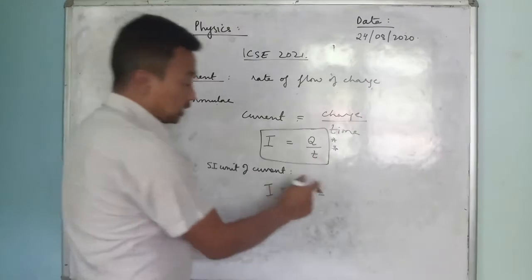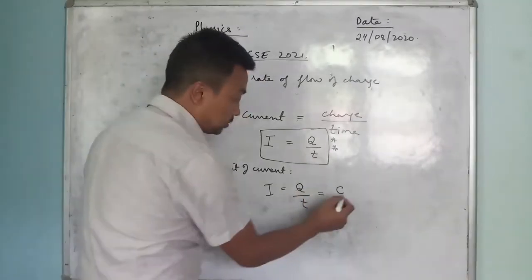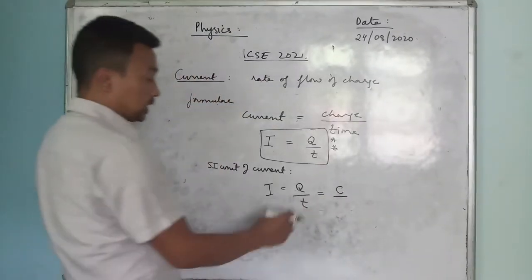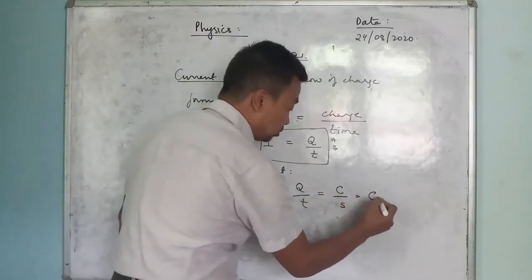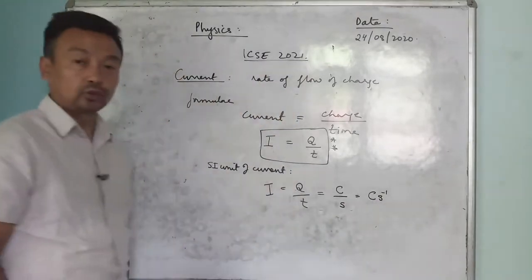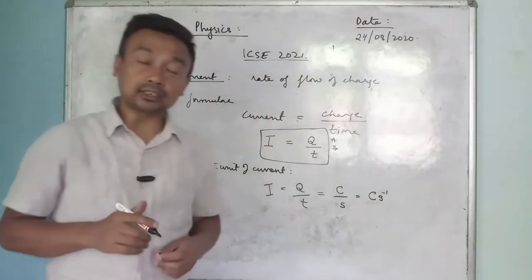The unit of the charge is coulomb, given by capital C, and the unit of the time is second, given by small s. So we can write coulomb per second, which is the SI unit of current.